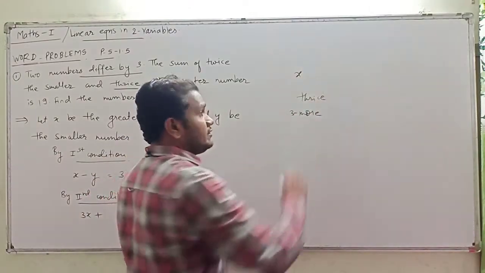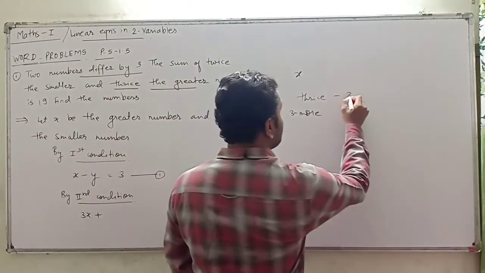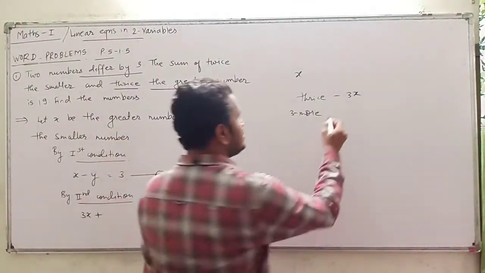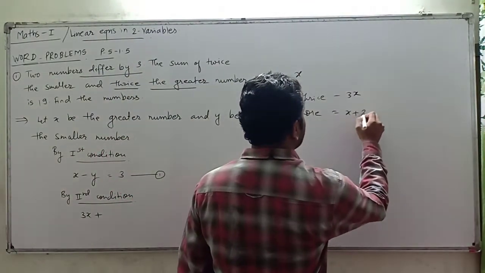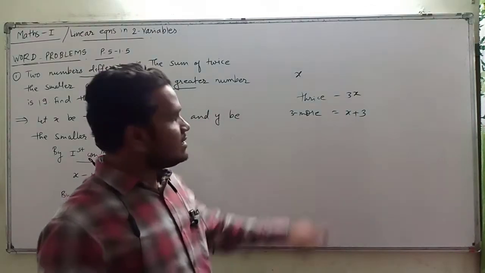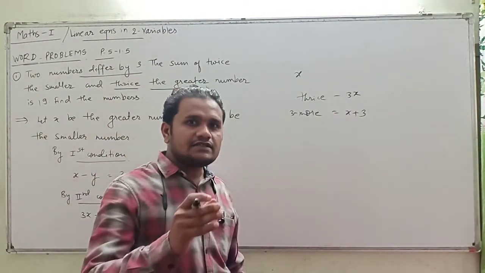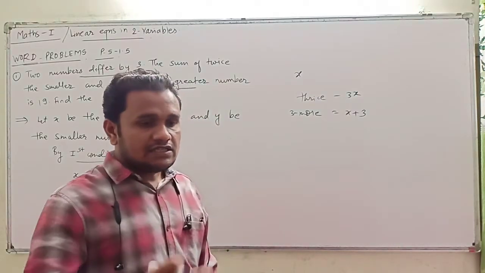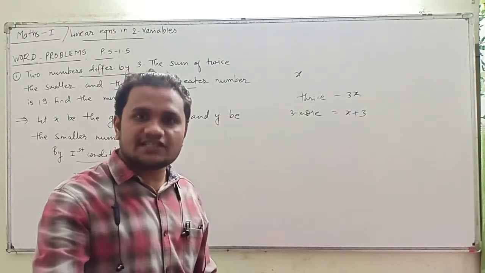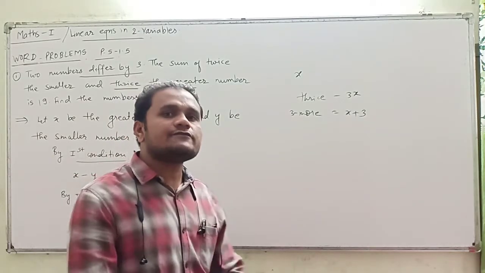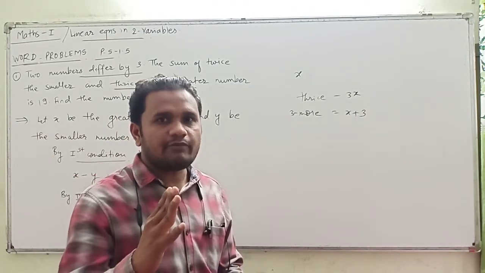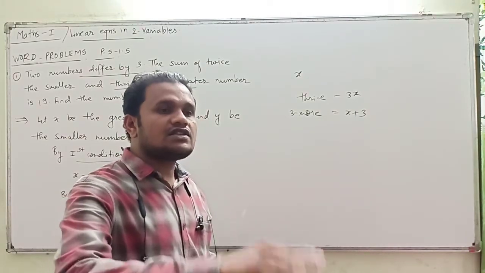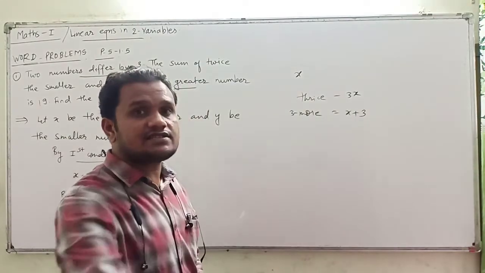If x is a number, then thrice means 3x, and 3 more means x plus 3. So if 2 is a number, then thrice of 2 is 6, and 3 more is 5. Are you getting my point? 3 more means 2 plus 3, 5, and thrice of 2, 3 twos are 6.